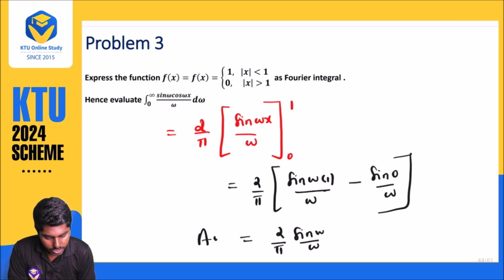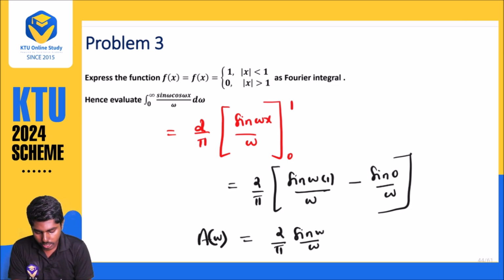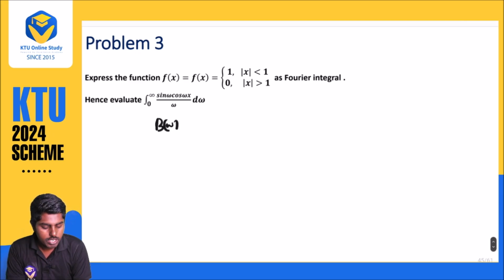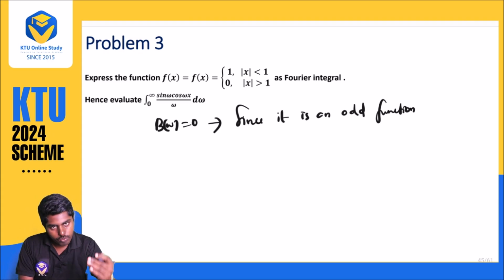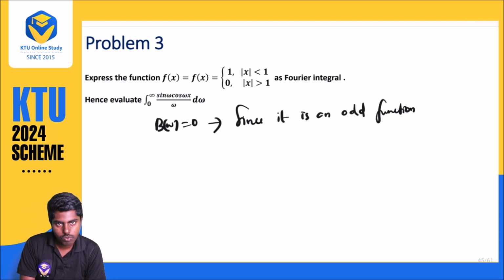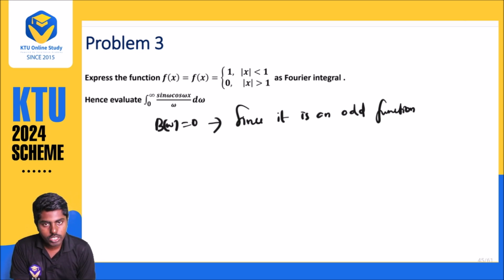This is nothing but a omega. And what about b omega? B omega is 0, since it is an odd function. If you want, you can solve it, and you will directly get 0 only. So what is the Fourier integral?